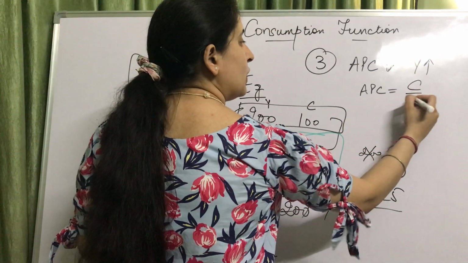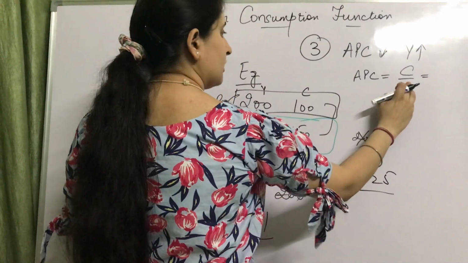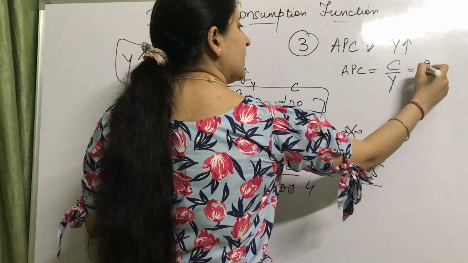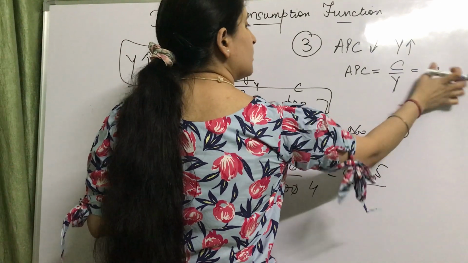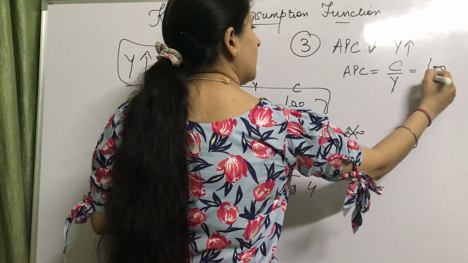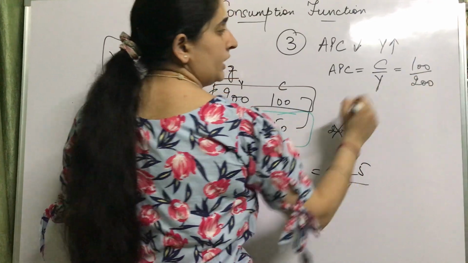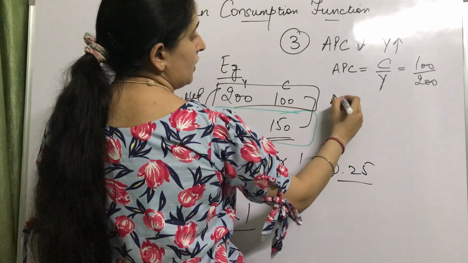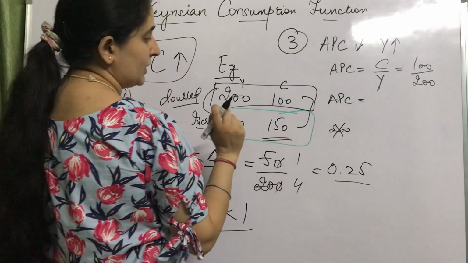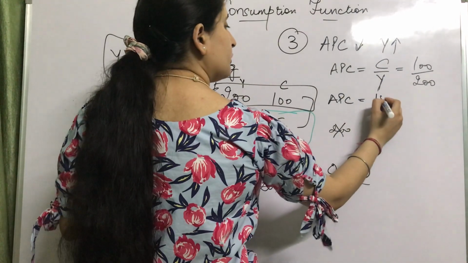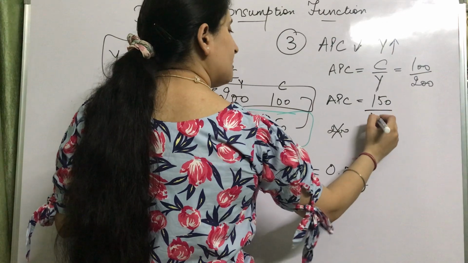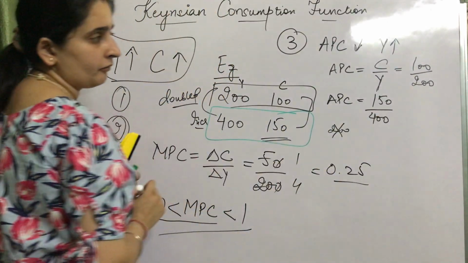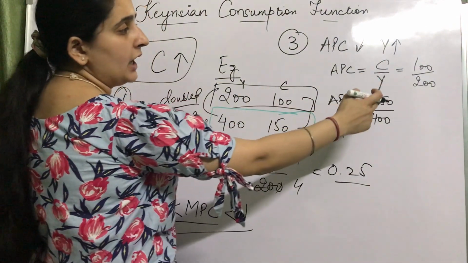See, it is C upon Y, that is, consumption is 100 only, 100 upon 200, right? It is there. And in case of the second point, this one, what is C? 150 upon 400. So you can calculate the values here.